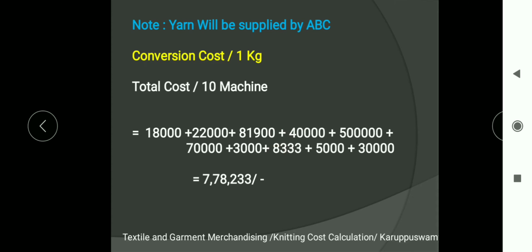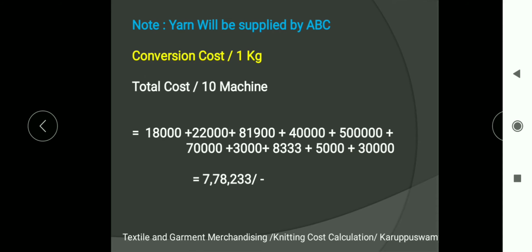So generally maintenance and insurance cost you have to calculate for 1 year and then convert that to 1 month. So when you are converting the maintenance cost to 1 month, it will be around 8,333 rupees. And then distribution cost to move the material from one place to another place, it is 5,000 rupees. And then building rent is 30,000 rupees.